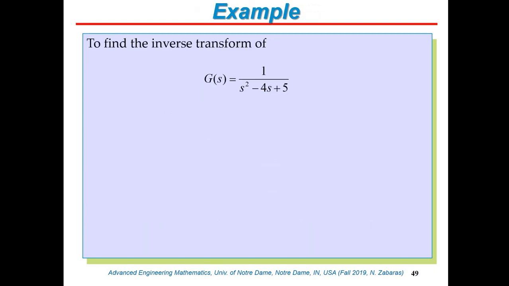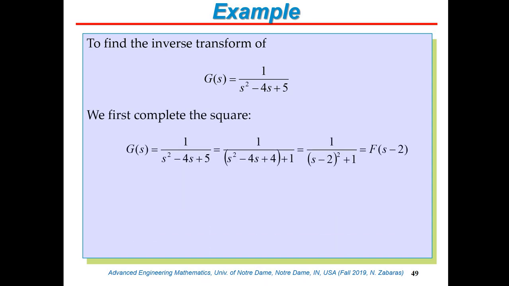And we can use an example of this if you want to compute the inverse transform of this term here, 1 over s squared minus 4s plus 5. With simple manipulation, you can write this as 1 over (s minus 2) squared plus 1. And this is immediately the shifting by 2 of the Laplace transform of 1 over s squared plus 1.